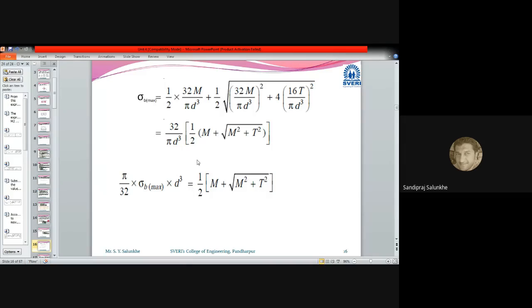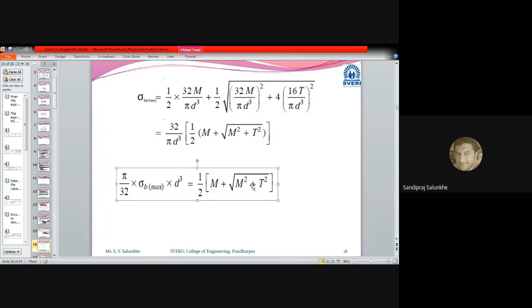So when we put this 32 divided by pi d cube on the other side, the equation becomes pi by 32 d cube sigma b is equal to half of M plus under root M square plus T square.